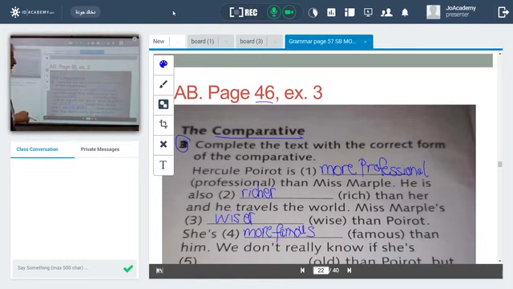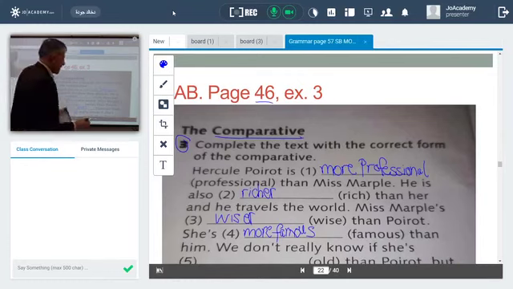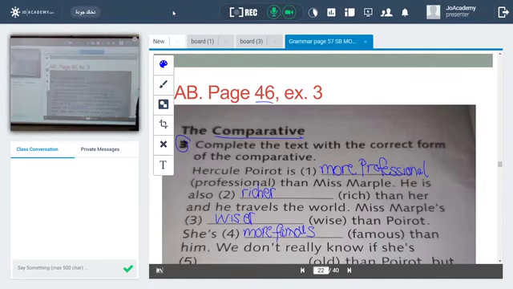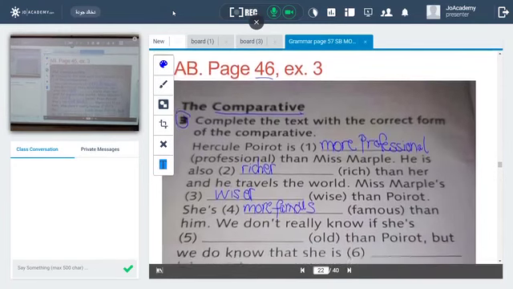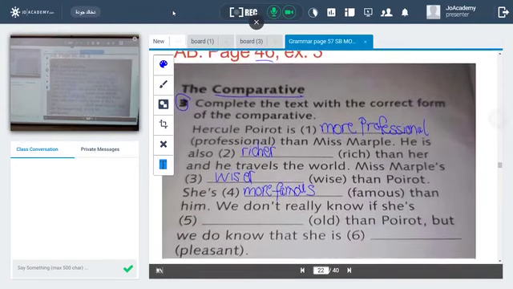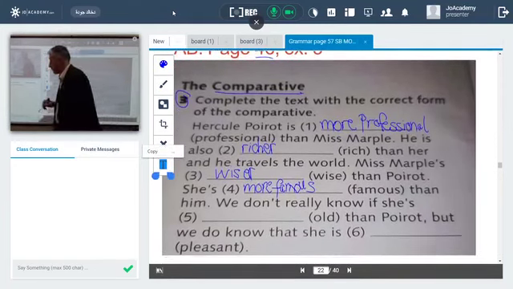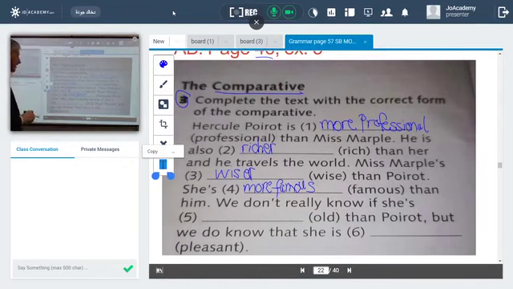We don't really know if she is blank than Poirot, but she is. We have two blanks here. Blank number 5.